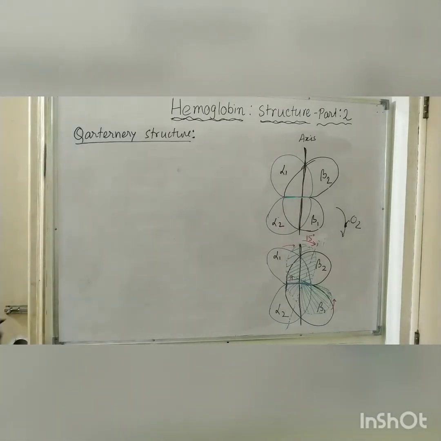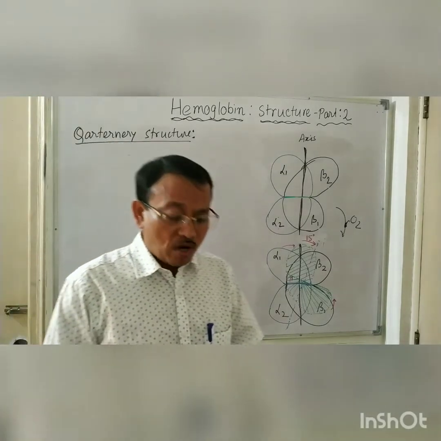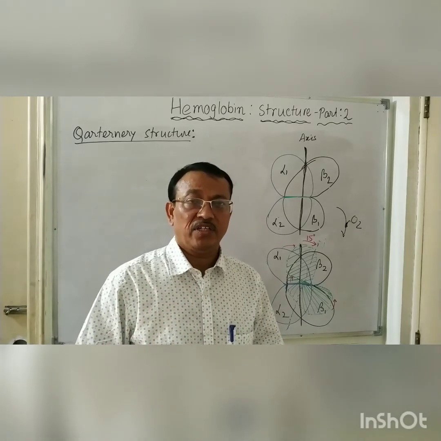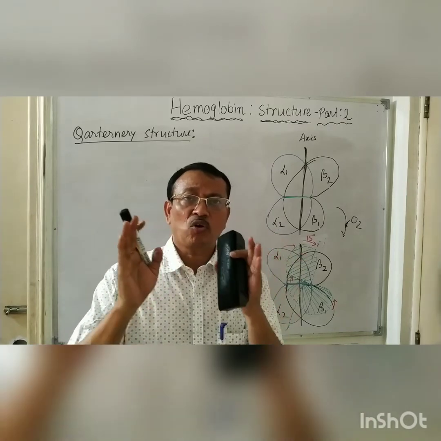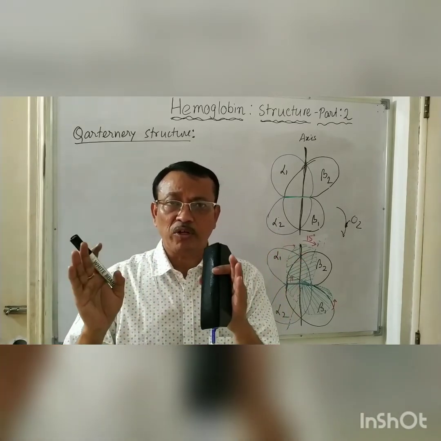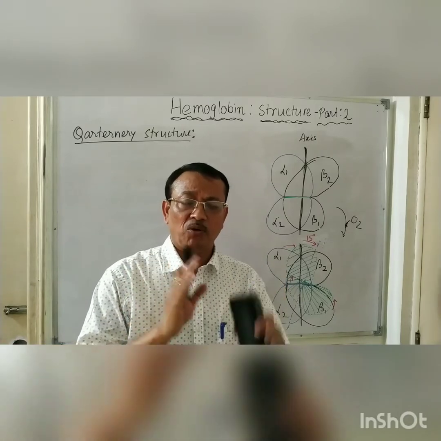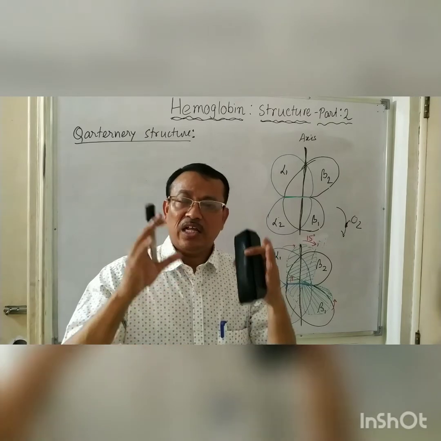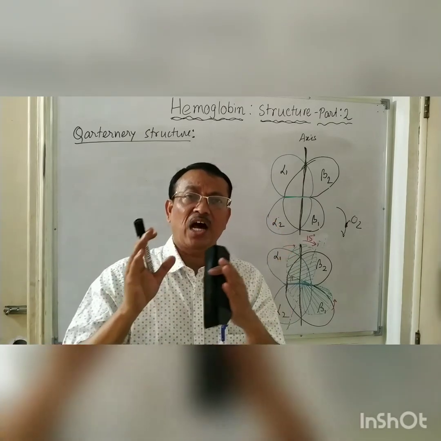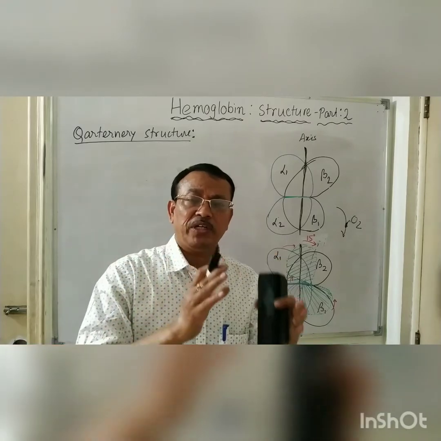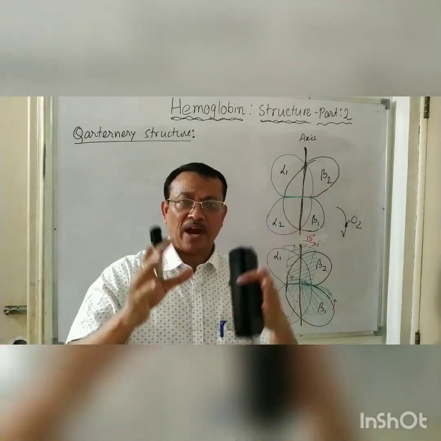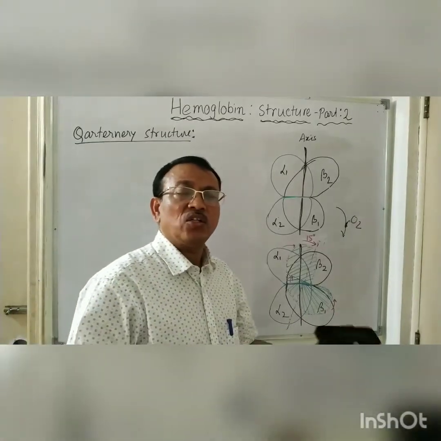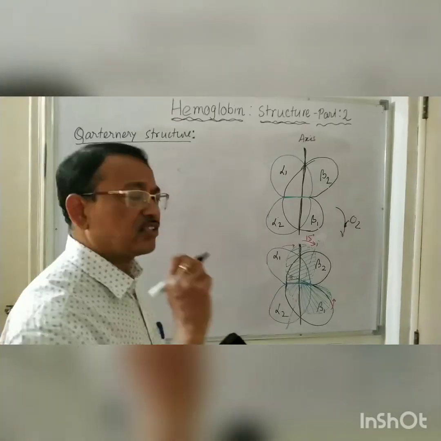So once the hemoglobin is in the deoxygenated state, then what happens? All four globin molecules of a hemoglobin molecule are tightly packed. That means alpha 1, alpha 2, beta 1 and beta 2 are all tightly packed, and this tightly packed hemoglobin molecule is known as the tense hemoglobin.